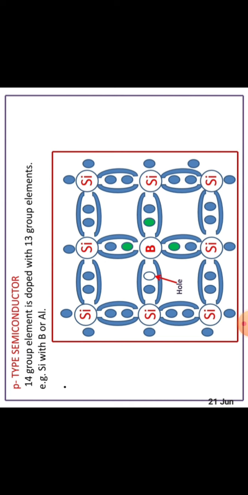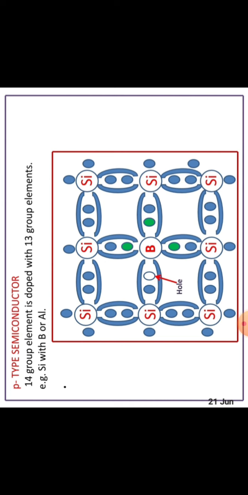And now, how does it conduct electricity? When you apply electricity in such semiconductors, you can see the hole, and its neighboring electron takes its place in this hole, again leaving its own place empty. So the next electron takes its place. So simply, it's a shifting of electrons. As electrons shift in the forward direction, the hole moves in the backward direction.